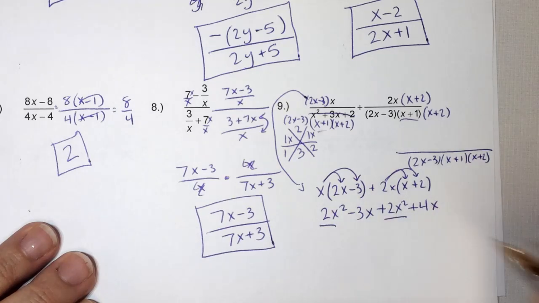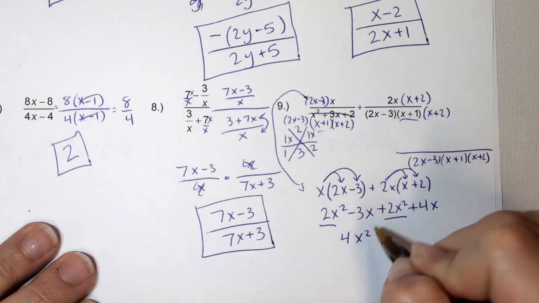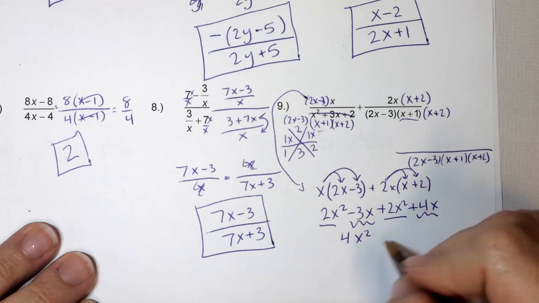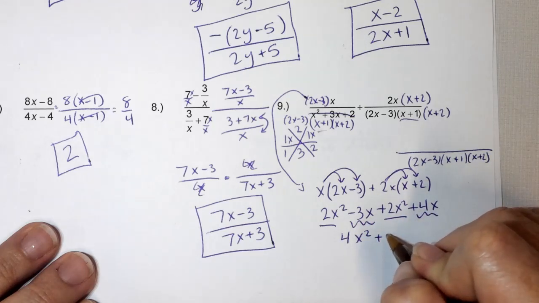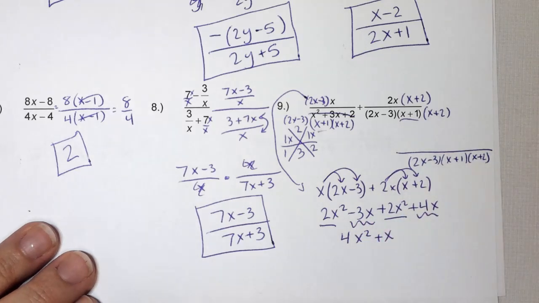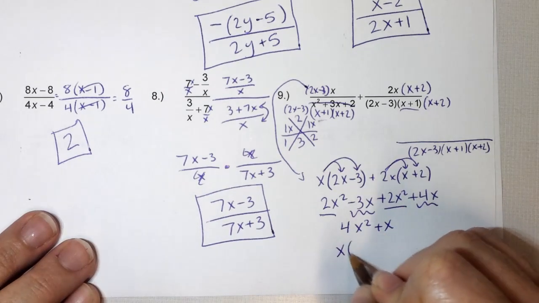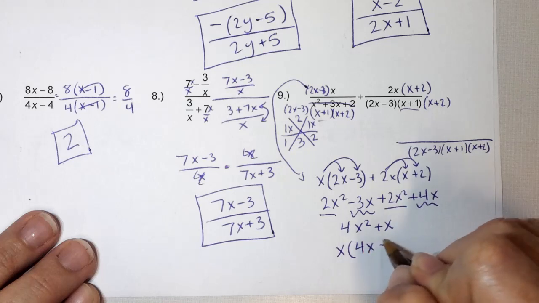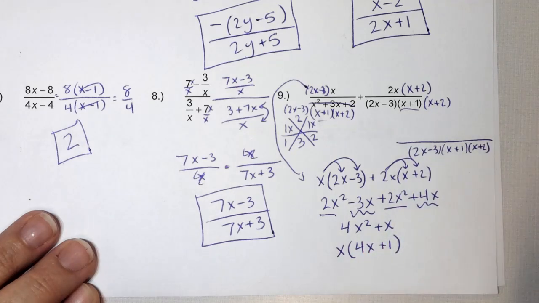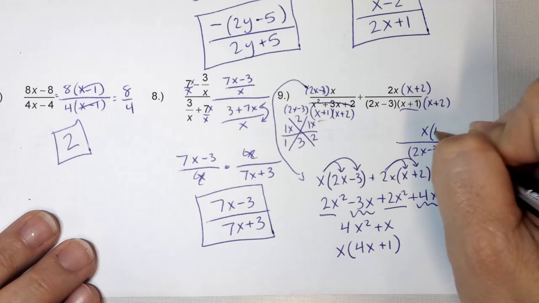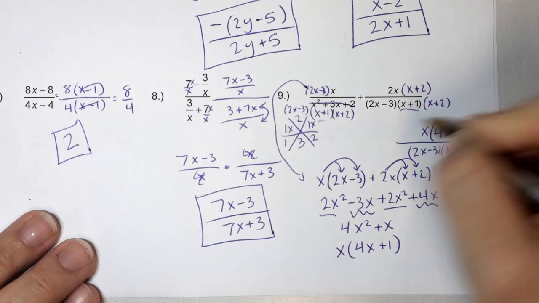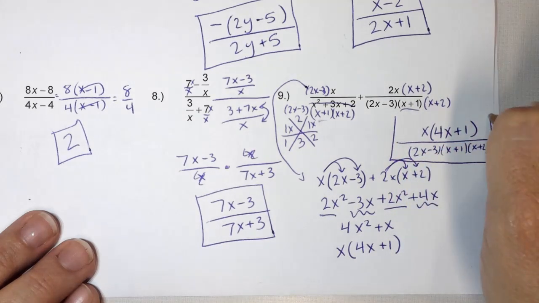Well, these are my like terms, and I get 4x squared plus 1x, so just x. And I have a GCF of x, so I have to take it out, because remember, we have to factor it now. So we have 4x plus 1 and just x. So we have x, parentheses, 4x plus 1, and nothing simplifies, and that's okay.